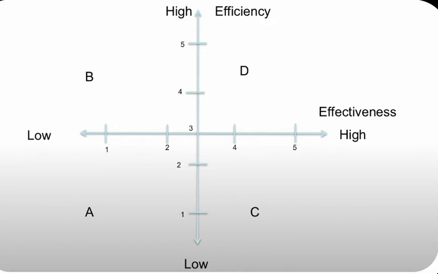So an organization is going to be able to do a little bit of both. And what we need to do is figure out what area your organization falls in. Is it going to be in quadrant A, where the organization is low on both efficiency and effectiveness? Or are they going to fall into quadrant D, where they're high on both, or fall into B or C quadrants, where they focus on one or the other?